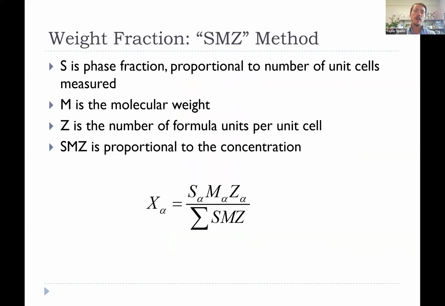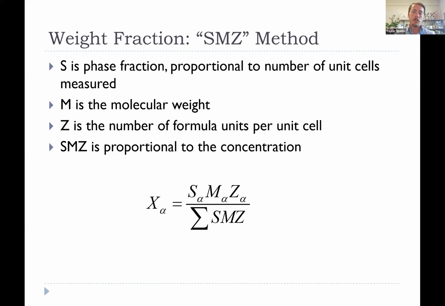And the most common way to calculate the weight fraction is by using the SMZ method, right? So S is going to be the phase fraction, which will be proportional to the number of unit cells measured. That's the concept anyways, that the overall phase fraction will be proportional to the number of unit cells measured. M becomes the molecular weight.